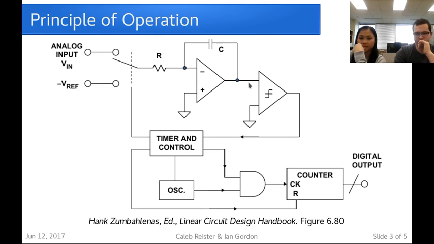Then the comparator output is positive, and the clock passes through the AND gate, which shows over there. Our design doesn't actually have that, this is just a general block diagram. For the rest of the conversion process, this counter is counting until the comparator returns to 0.